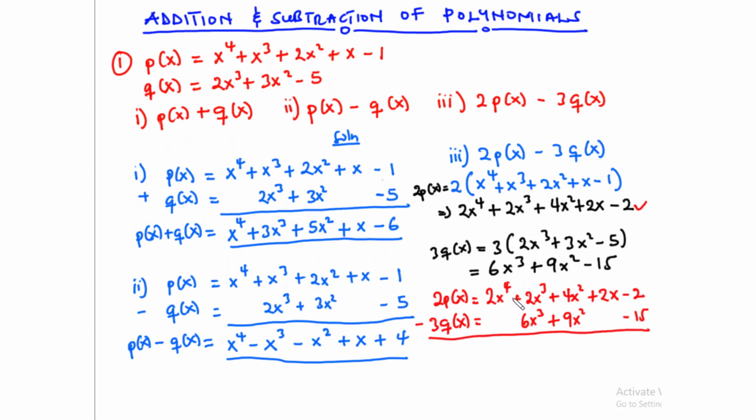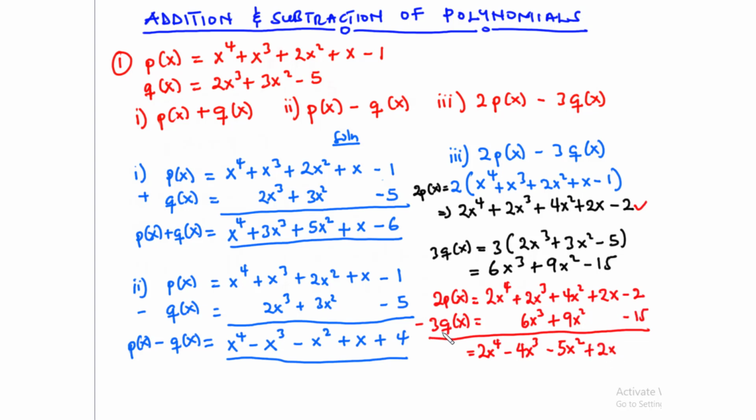Now 2x exponent 4 minus 0 is 2x exponent 4. 2x cubed minus 6x cubed is a negative 4x cubed. 4x squared minus 9x squared is negative 5x squared. And then 2x minus 0 is still 2x.